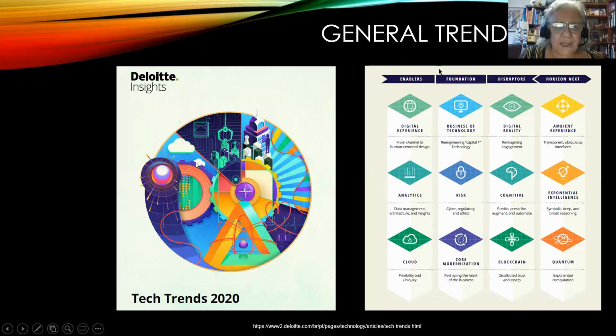If we look at the tech trends, this is also a very interesting report from Deloitte, and the digital experience, the analytics, the data management is very important and needs to be applied to the exploration industry as well.